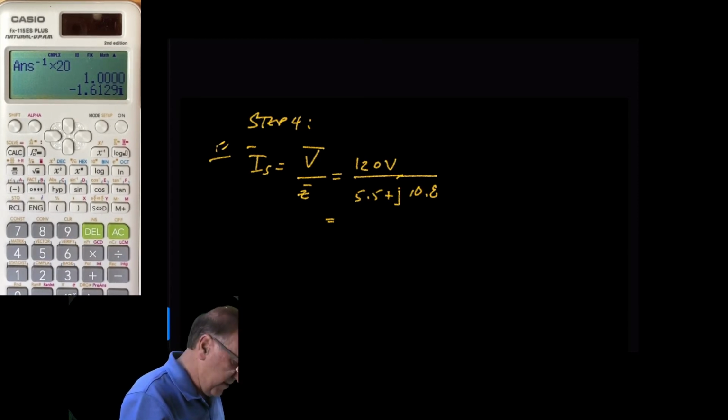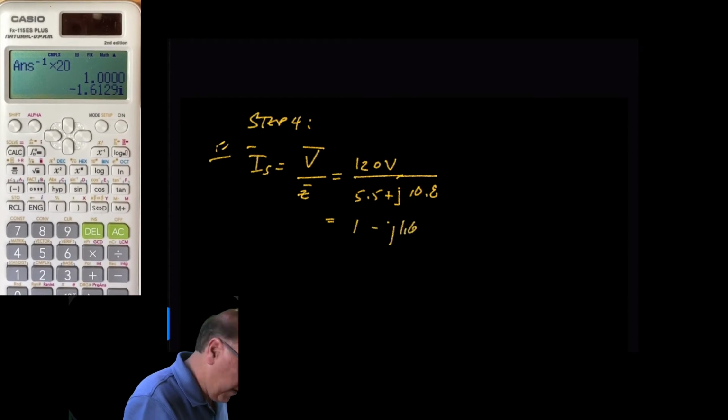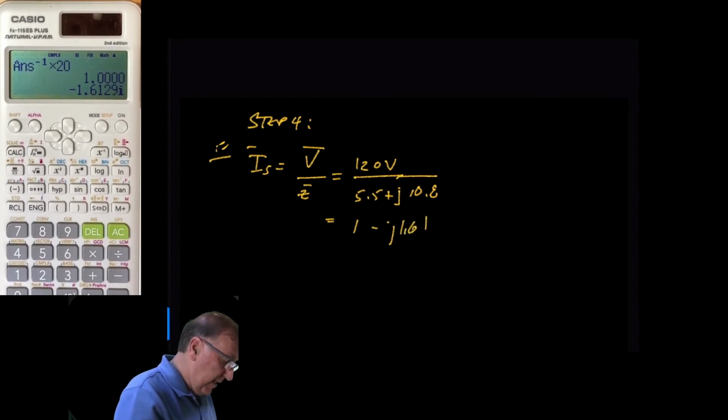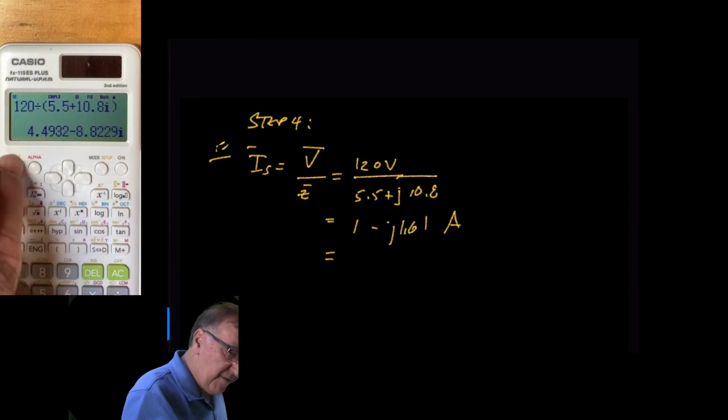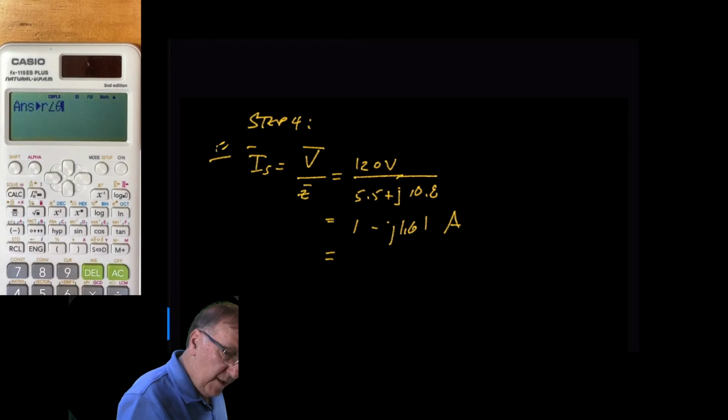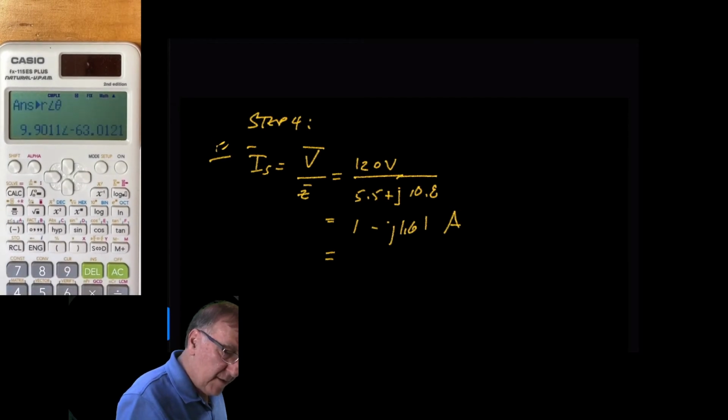So the current is 1 minus j1.61, and putting in polar notation, we hit shift 2 3 equals, so this becomes 9.8 amps at an angle of minus 63 degrees.